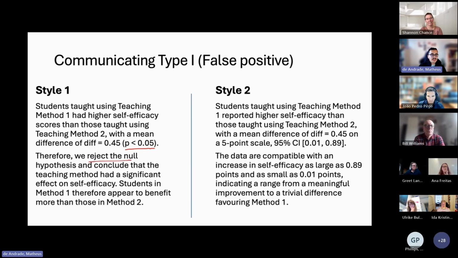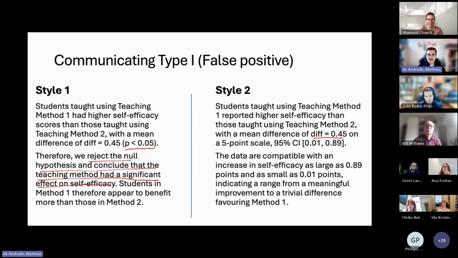They reject the null hypothesis and conclude that the teaching method had a significant effect on self-efficacy. Sounds very absolute, sounds very binary. But the second one, they actually talk about the difference.